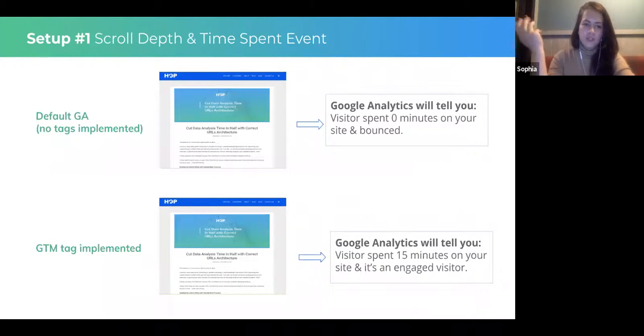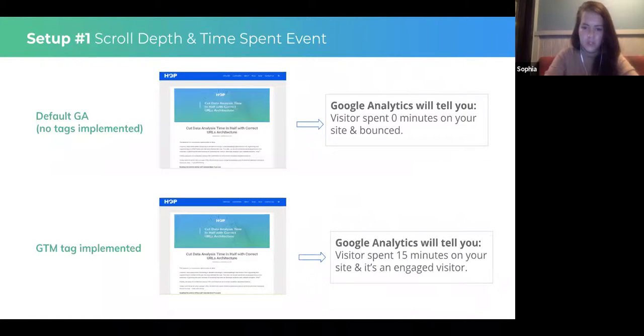But if you want to send accurate data and tell Google Analytics that the visitor spent 15 minutes and is an engaged visitor, somebody that is there for 50 minutes and scrolls at least 65% of the page, it's an engaged visitor. Only by having this tag implemented will Google Analytics track the correct data.